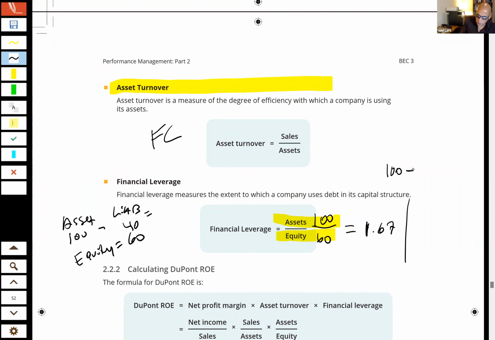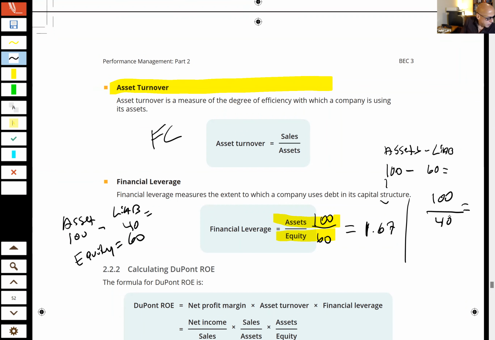The assets are 100, but let's say now they decide to take on a little more debt. So my liabilities are going to be 60 here. So now I have 100, and I divide that by my equity, which is 40.